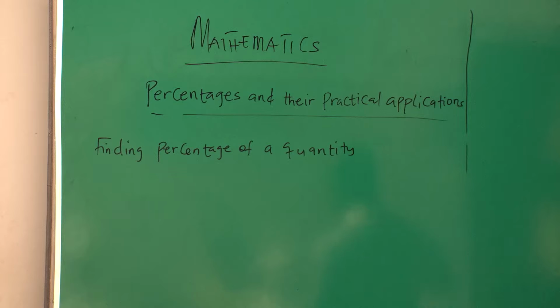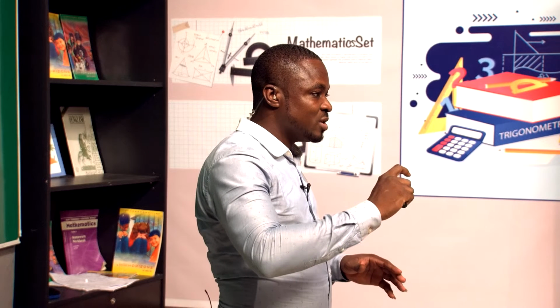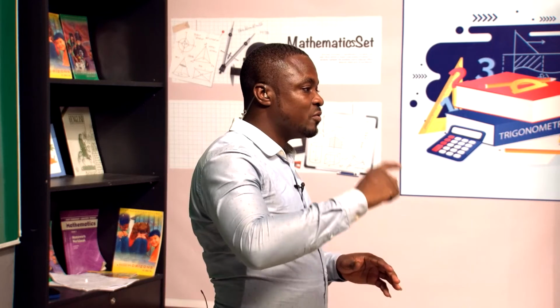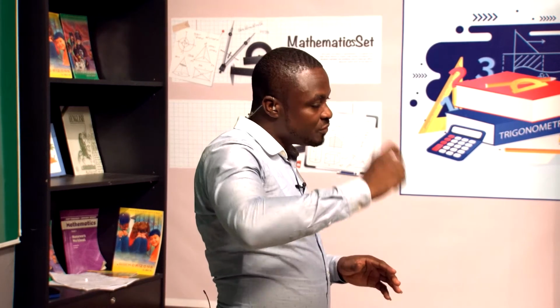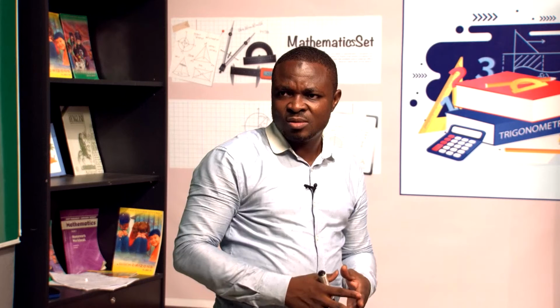But the actual amount you have spent, it has not given information about that. So to be able to find the actual amount, you need to find 25% of the total amount. So that is what we mean when we want to find percentage of a quantity. Are you okay with that?